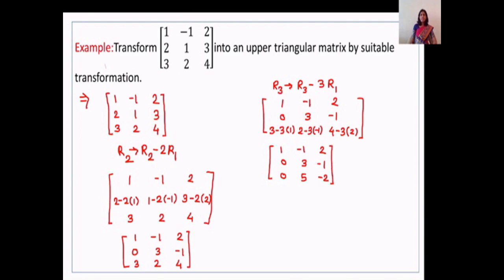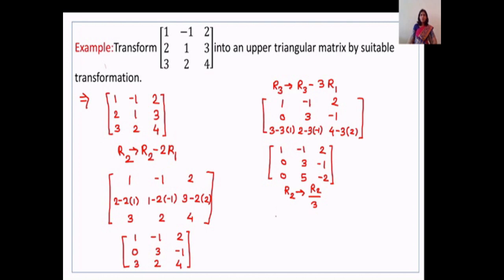Now we have to make this into 0. For that firstly we have to make this 3 into a 1. So we divide R2 gives R2 upon 3.